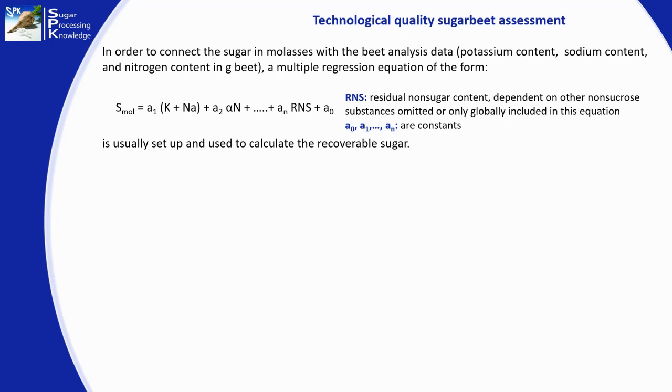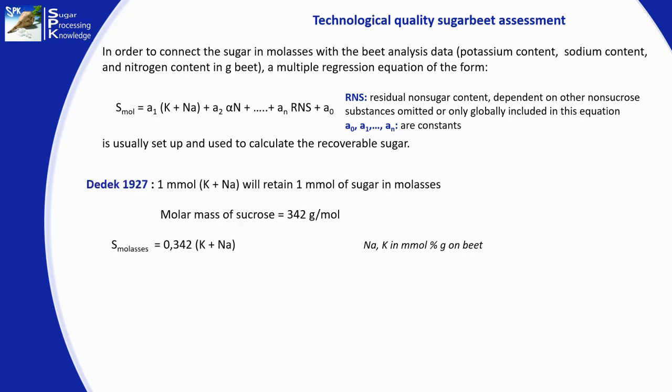Dedek in 1927 assumed that 1 millimole of potassium plus sodium will retain 1 millimole of sugar in molasses. Knowing that the molar mass of sucrose is 342 grams per mole, molasses sugar is then equal to 0.342 multiplied by the sum of potassium and sodium. Sodium and potassium are expressed in millimoles per 100 grams of beet.